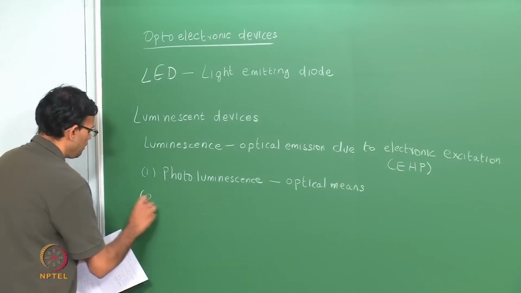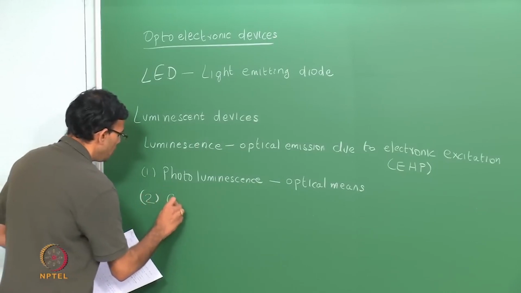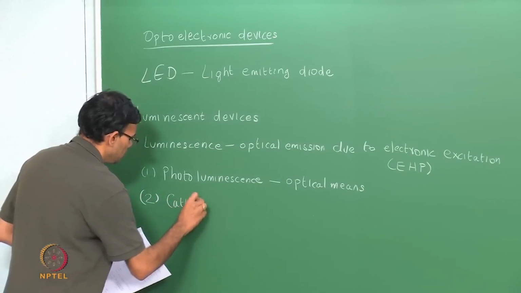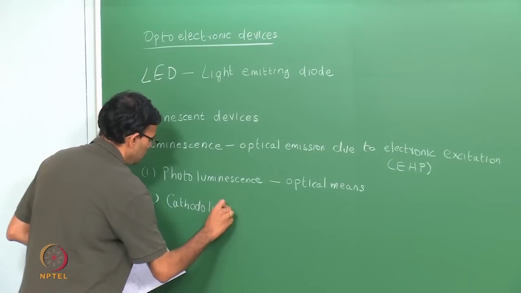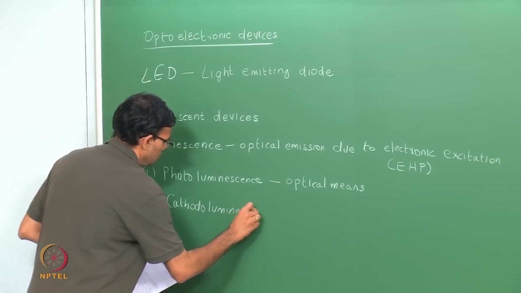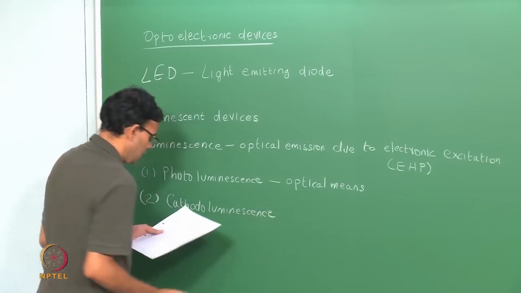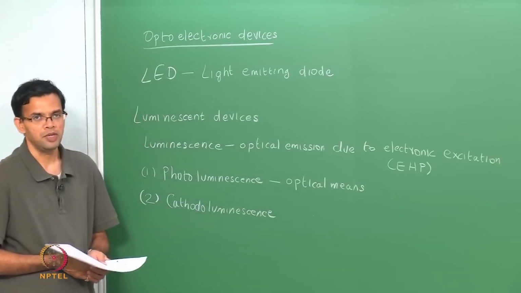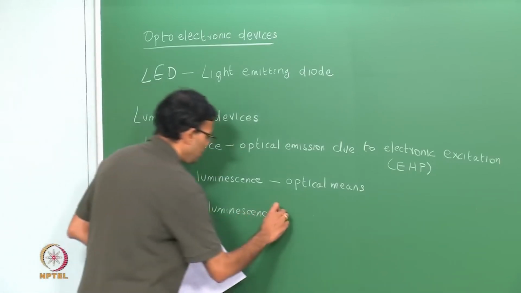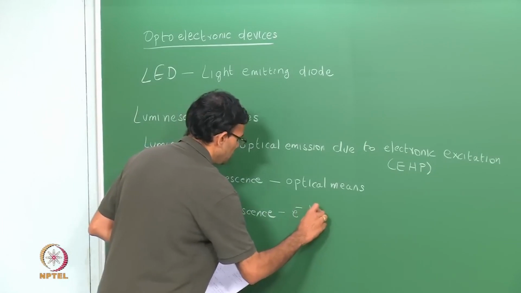You can also have cathodoluminescence, in which case you have an electron beam incident on your material, which creates the electron hole pairs.